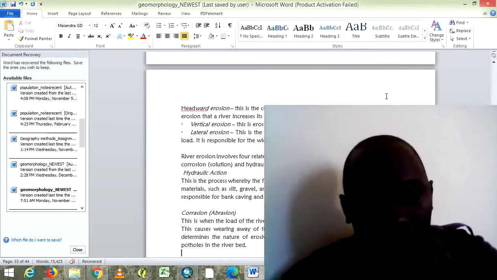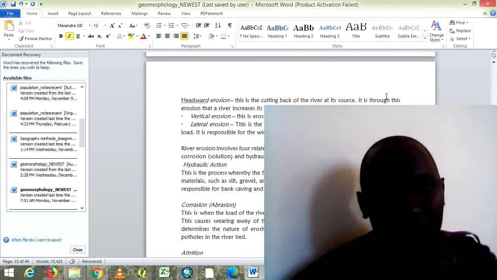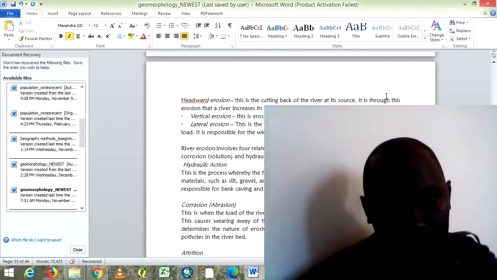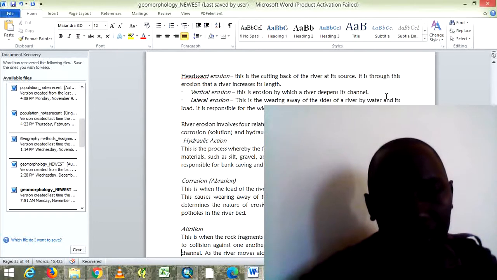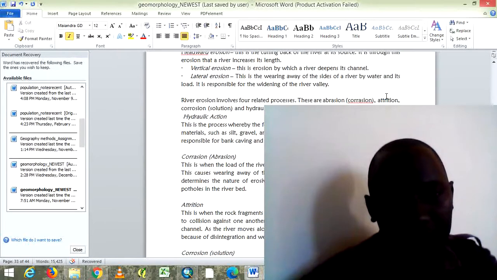So under corrosion, that's what happens, that the river rubs the bed, losing its load, and definitely leads to the widening or the deepening of the river valley.